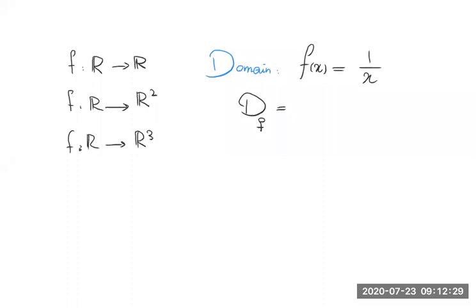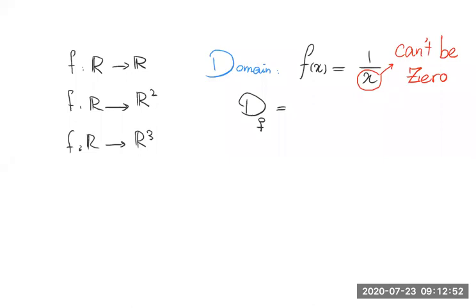Okay, so look at 1 over x. We know we can't divide by 0. So here x can't be 0. It can be anything but 0.